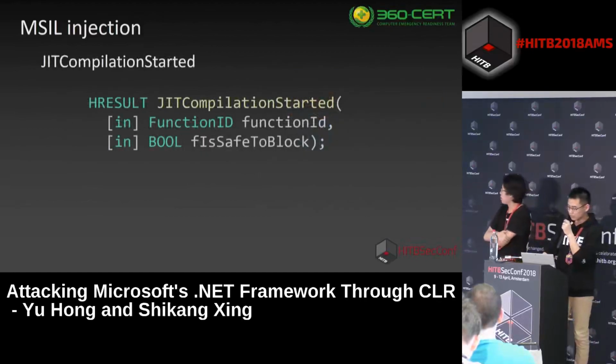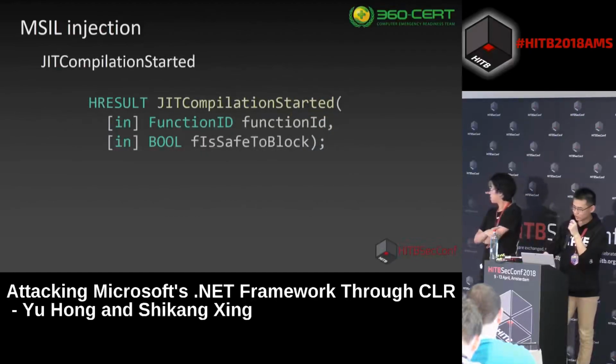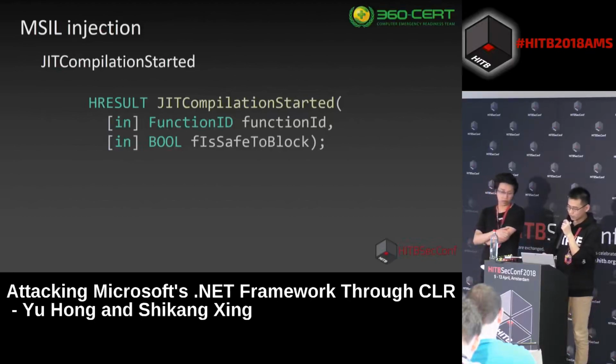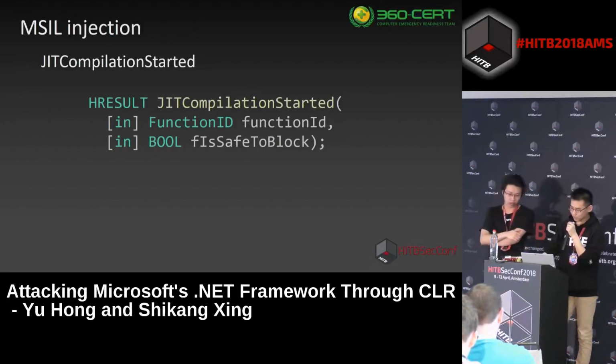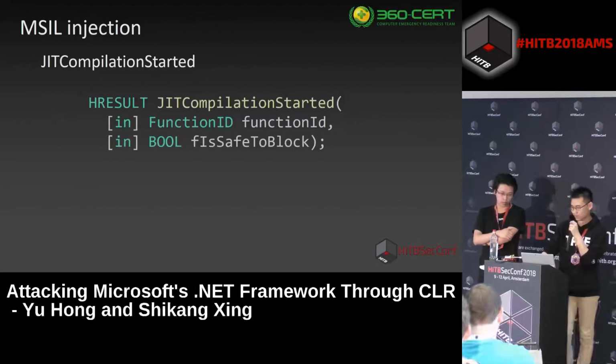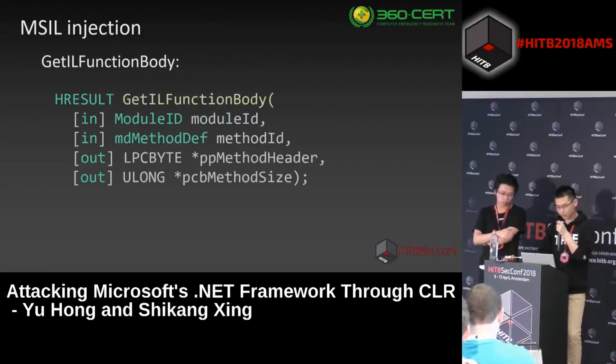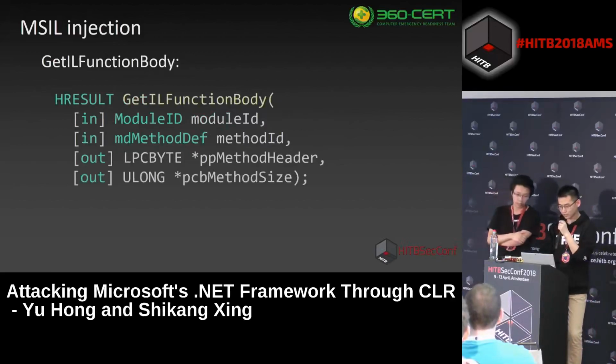First, we need to get the slot of the injection position. This is JIT compilation started, and we need to pass two parameters, function ID and flag block. And then we need to get the function body. The first function is GetILFunctionBody.